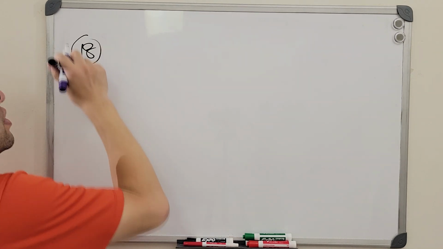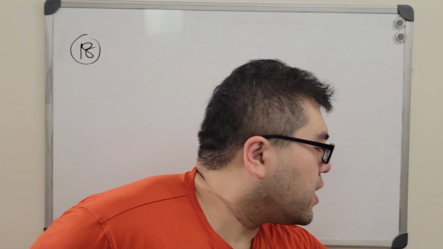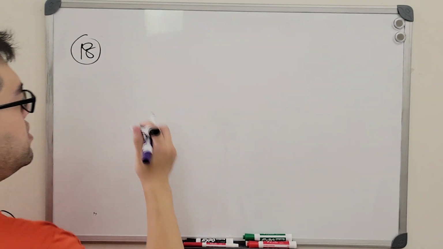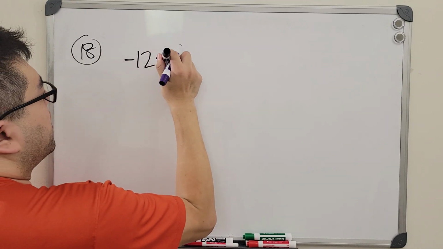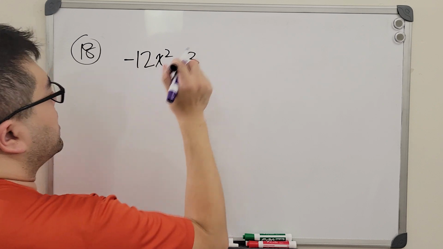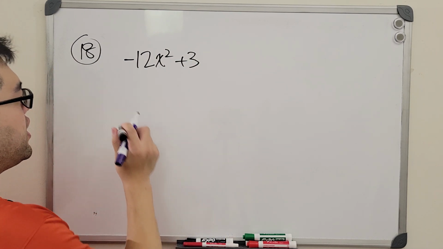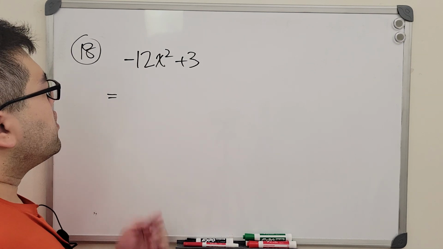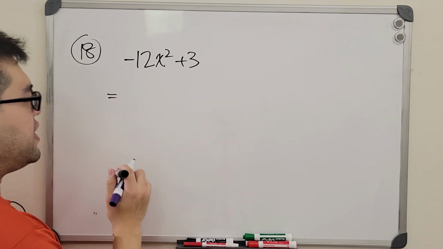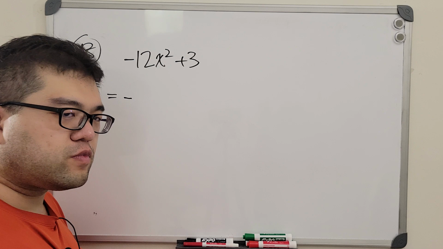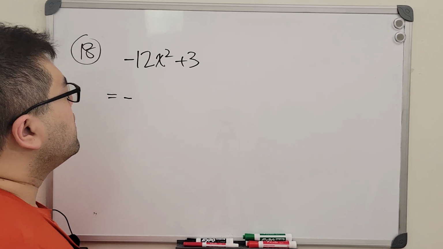Alright, problem 18. Problem 18 is the following: negative 12x squared plus 3. So again, what should we do? We definitely need to factor out the negative sign here so that it will turn into positive.